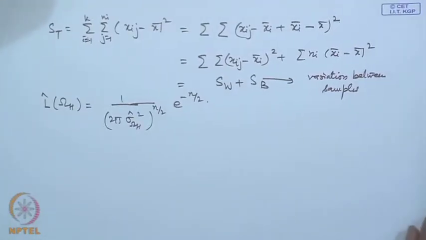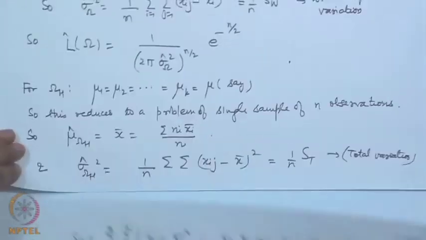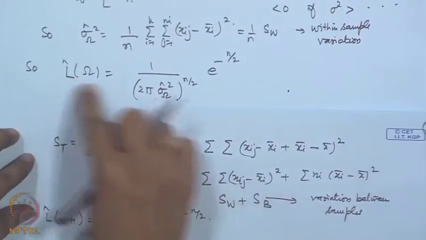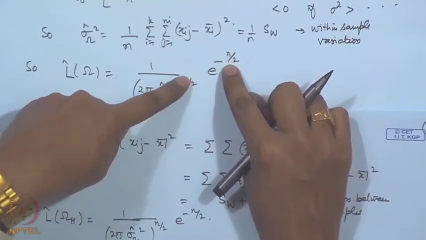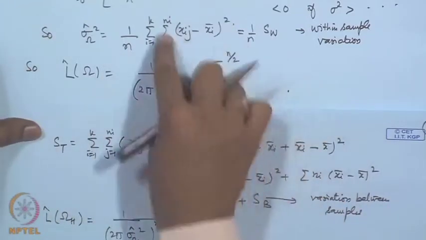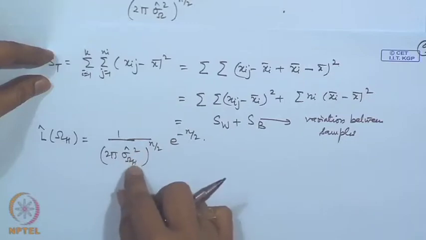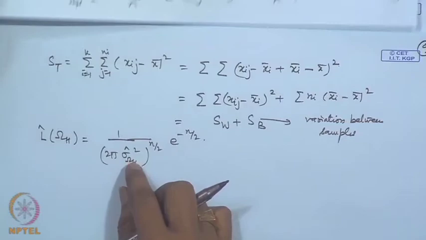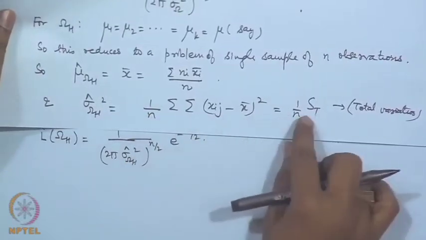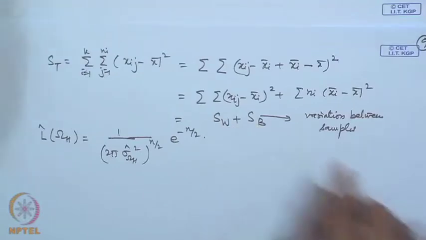So, let us look at these two terms that we are getting now. In L hat omega, here e to the power minus n by 2, and here sigma omega hat square to the power n by 2, where sigma omega hat square is the S_w by n term. And in L hat omega_H, I get the same thing, here only omega_H is replaced, and the value of sigma omega_H hat square that we calculated is S_t by n, and this S_t I wrote again as S_w plus S_b.